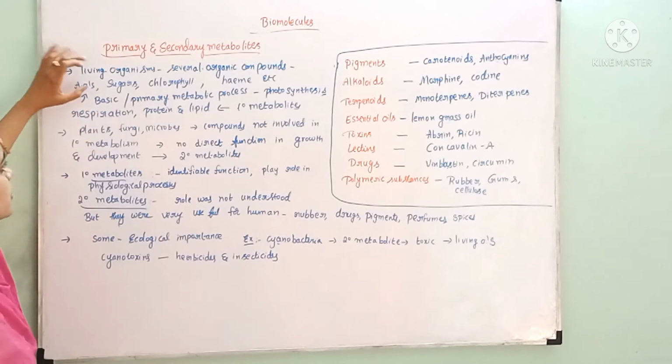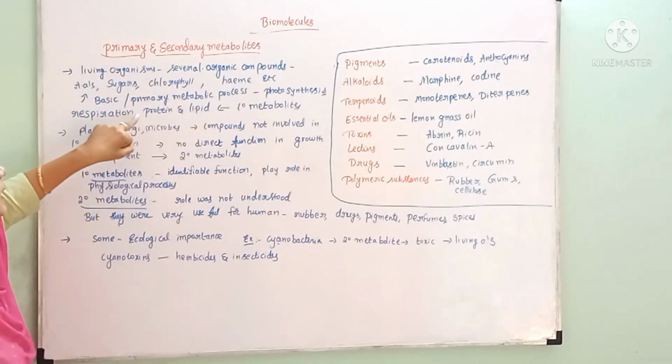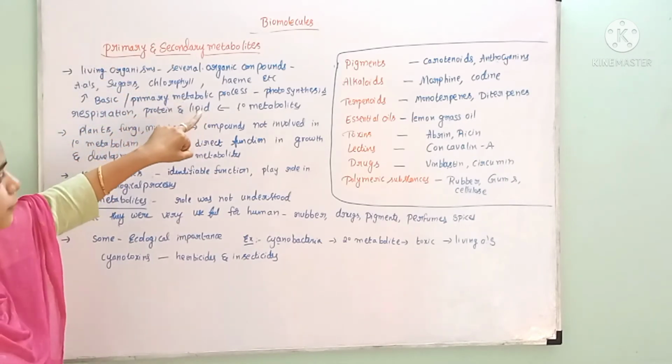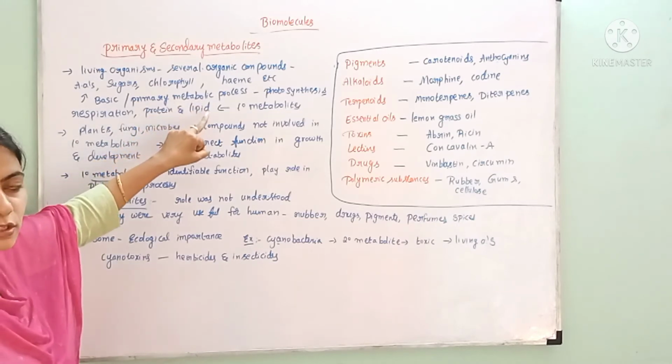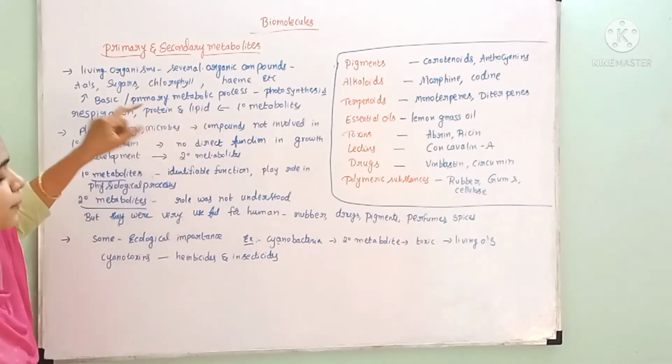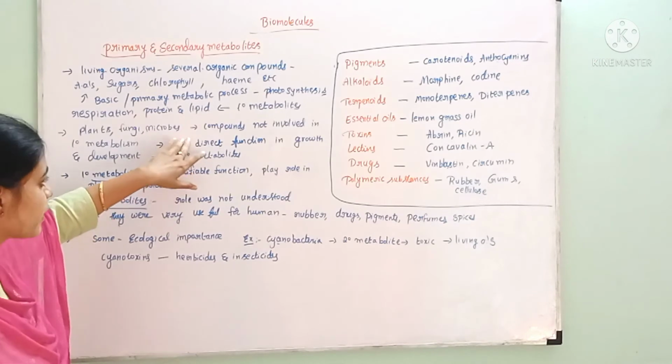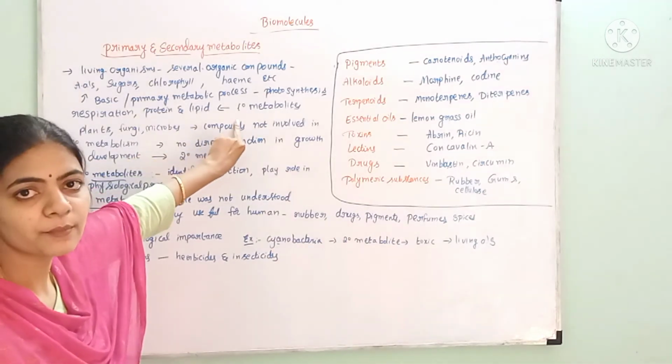Those compounds which are directly involved in the basic physiological processes of living organisms are called primary metabolites.